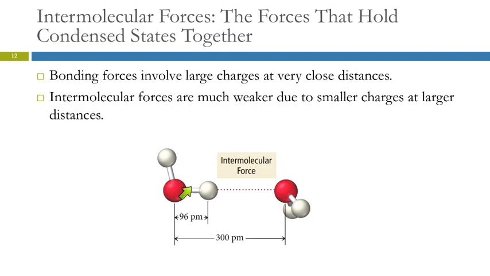So that's a very short distance. The intermolecular force between one molecule and the next is about 300 picometers. So it's about 3 times the distance of a bond. And the force of attraction is proportional to 1 over the distance. So if the distance is 3 times greater, the force of attraction is 3 times smaller.